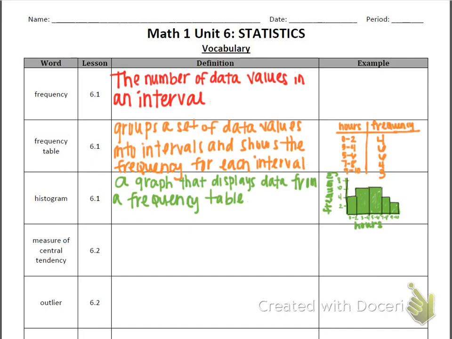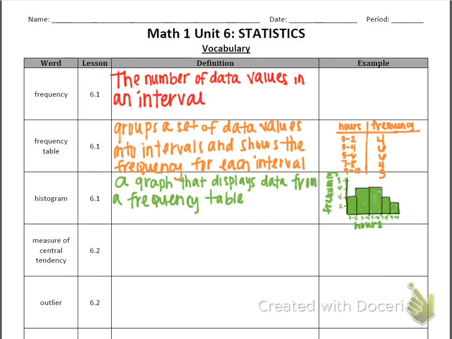So based off of this, if I asked you how many students studied between 3 and 6 hours, could you tell me? 12 of them. 6 studied 3 to 4, and 6 more studied 5 to 6. So total that would be 12.